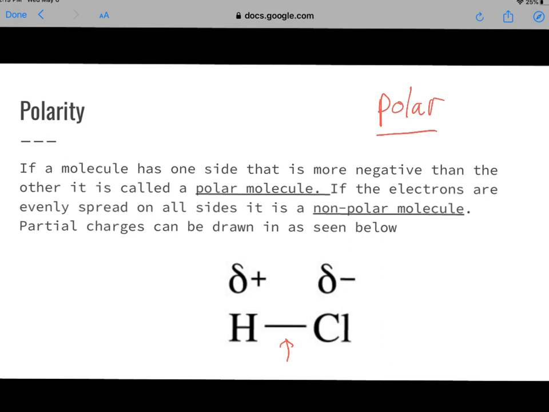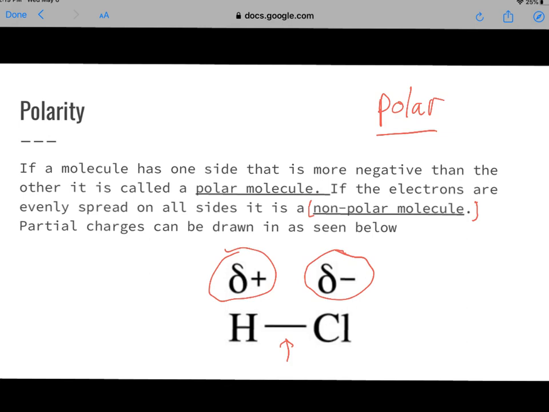In a polar molecule, we have one side of the molecule that's kind of positive and the other side that's kind of negative, because of this uneven sharing of electrons. Now, if the electrons are spread evenly on all sides, if we don't have a negative side and a positive side, we would call that a nonpolar molecule.